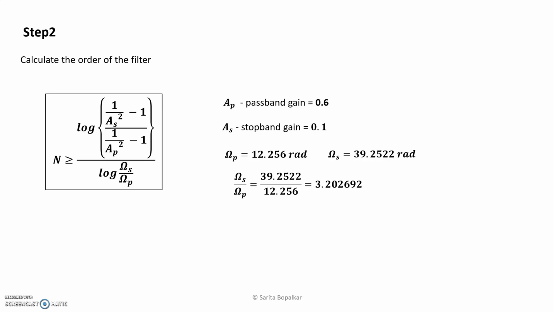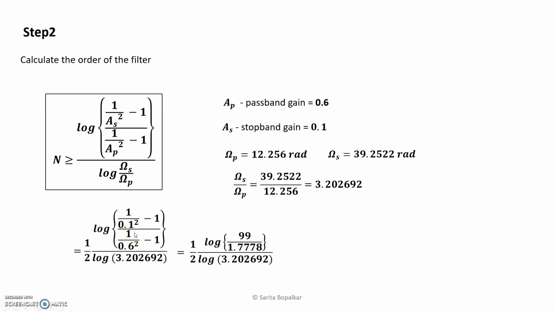We'll put these in, and we'll calculate this ratio so that we can do the calculation easily. So I have put all the values and N is 1.7267.